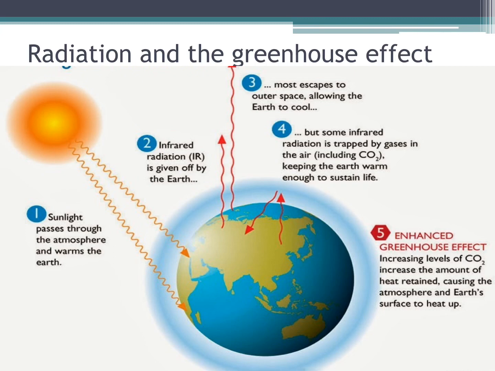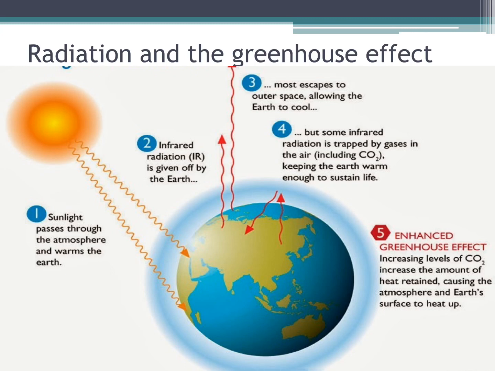What will happen if our atmosphere did not trap the sun's energy? Then Earth would be very cold and lifeless. Why? Because most of the sun's energy would be radiated immediately back into space.